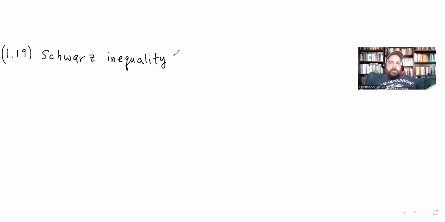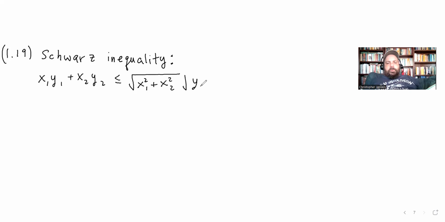Okay, the Schwarz inequality says x1 y1 plus x2 y2 is less than or equal to the square root of x1 squared plus x2 squared, times the square root of y1 squared plus y2 squared.